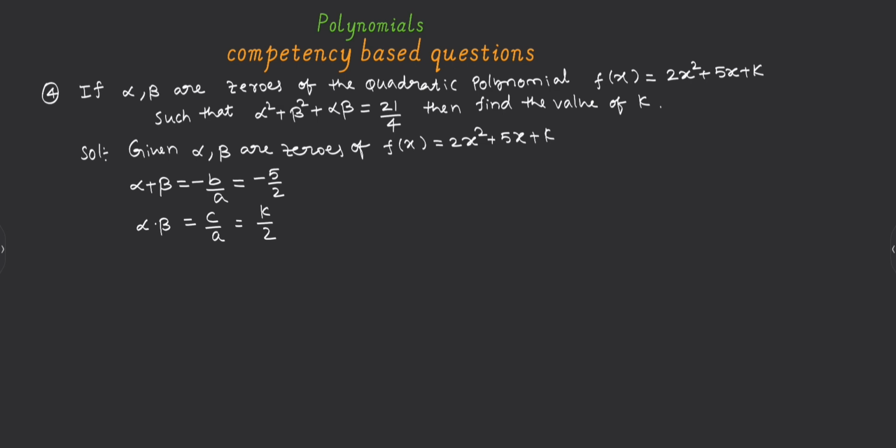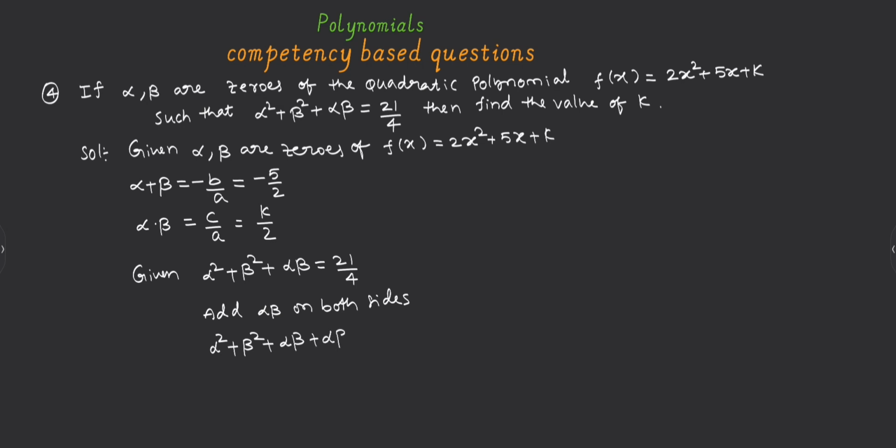Now once you know alpha plus beta and alpha into beta, take the given condition. It is also given that alpha square plus beta square plus alpha beta is equal to 21 by 4. Now what we do is add alpha beta on both sides. You know why? Because to get the a plus b whole square formula. Then we get alpha square plus beta square plus alpha beta, again plus alpha beta, equals 21 by 4 plus alpha beta.